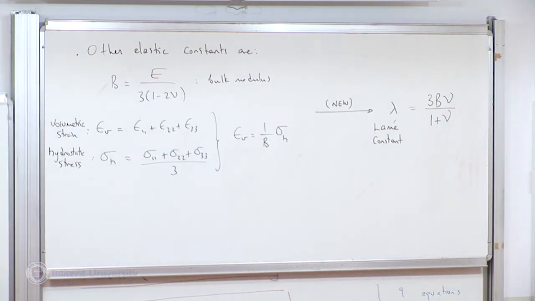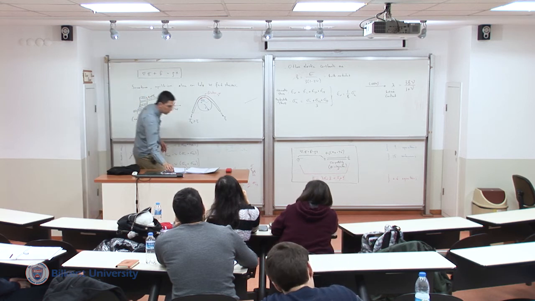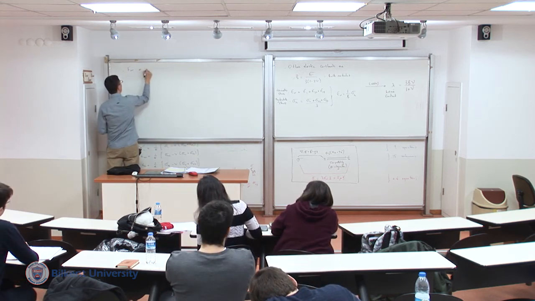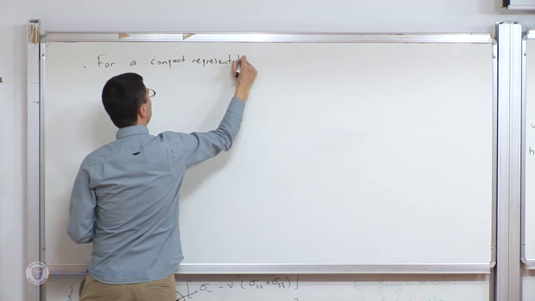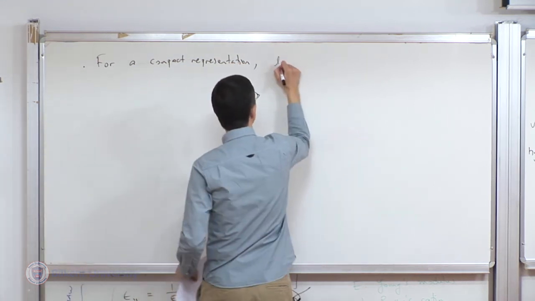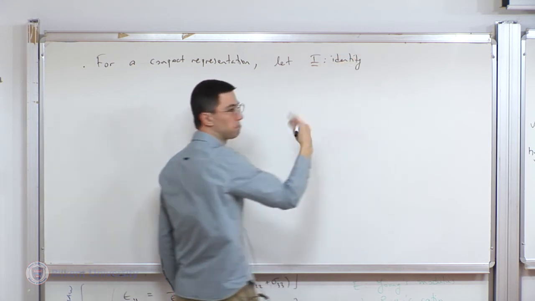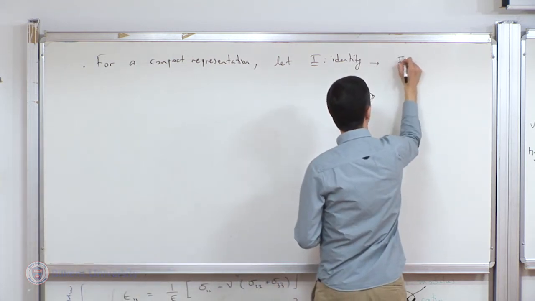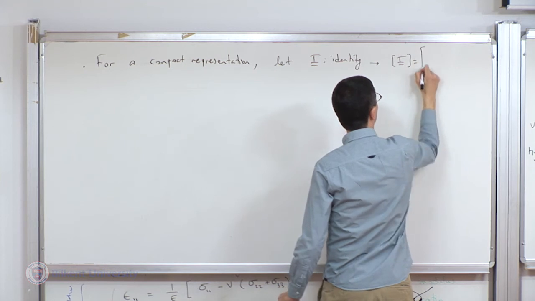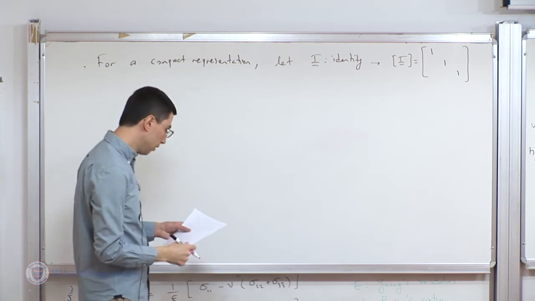Okay, so now let's keep those in mind and move on to a compact expression that relates stress to strain. So for a compact representation, let's define the identity. Its components will be a matrix, a diagonal matrix with only ones on the diagonal.